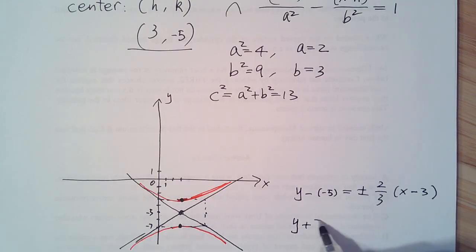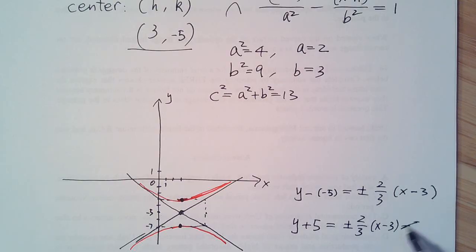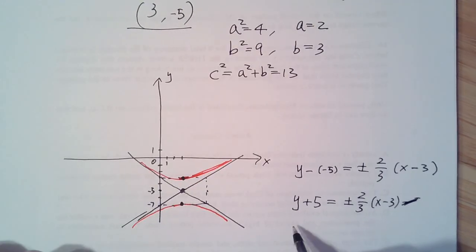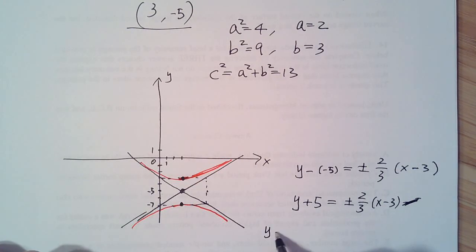Therefore, y plus 5 equals plus minus 2/3 times x minus 3. And then you take a plus, so y plus 5 equals 2/3 times x minus 3. You distribute this in, so it's going to be minus 2, right? Because 2/3 times that, and then you subtract a 5. If you subtract a 5, you get y equals 2/3 x minus 7.